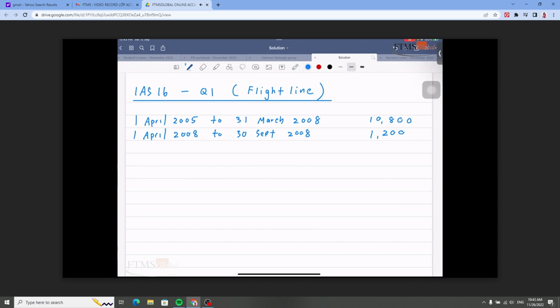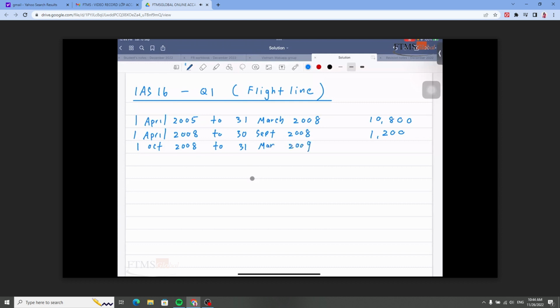So subsequent 6 months, of course, must be starting from 1st October 2008 until the end of my financial year end. Right, so which is 31st March 2009.